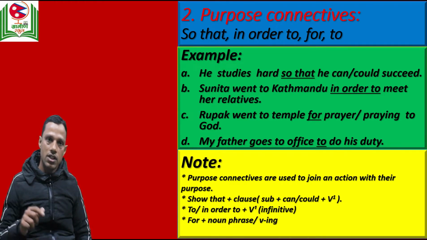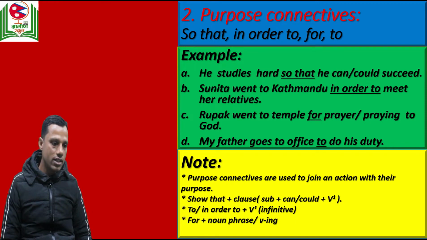So if there is an infinitive form of verb after the blank space, then you should use to or in order to. And lastly we have for plus noun phrase or ing form of verb. For is basically used with the noun phrase, as you can see in example number C, for prayer or praying to God, right? Okay, this is all about purpose connectives.